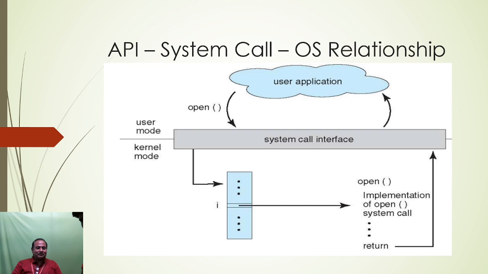Here we have user mode and kernel mode, which I already covered. At the top we have the user applications, and here the various system calls are listed, and whenever a system call enters, that action is taken. Suppose the system call is open, then automatically the file will be opened using the operating system.